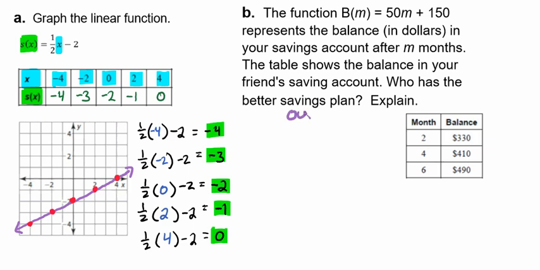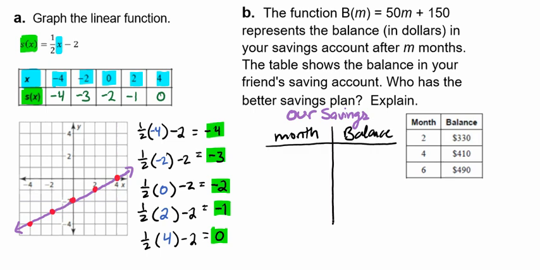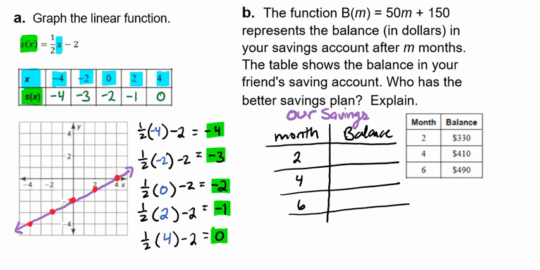So we'll have our months and the balance, just like our friend's table, and we'll use the same numbers, so 2, 4, and 6. And we're going to plug each of those values into our equation.